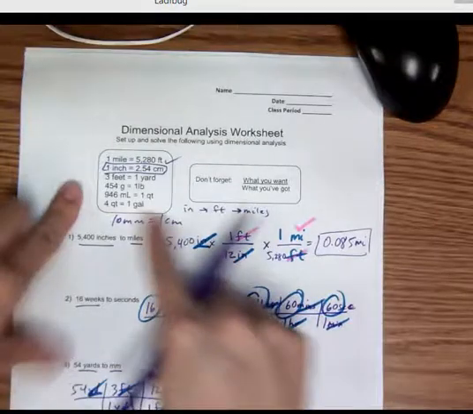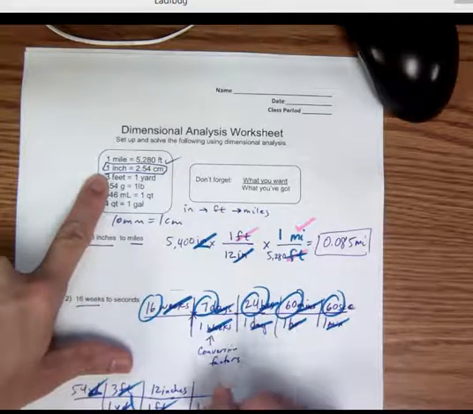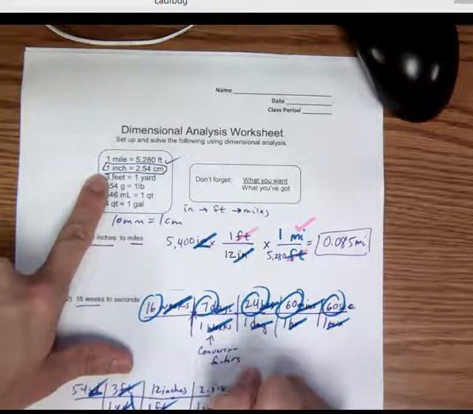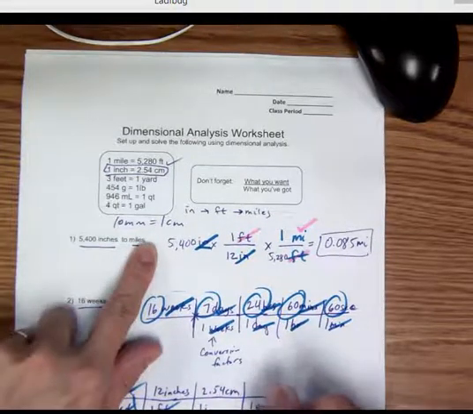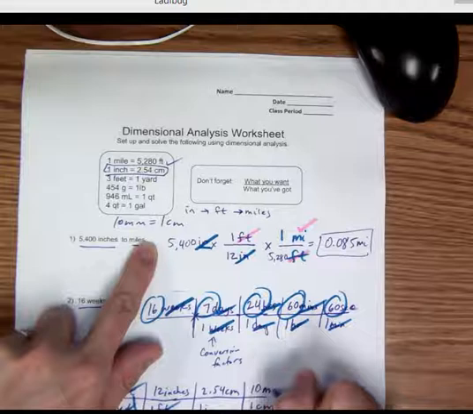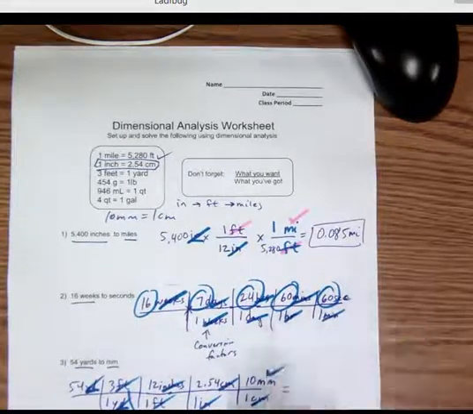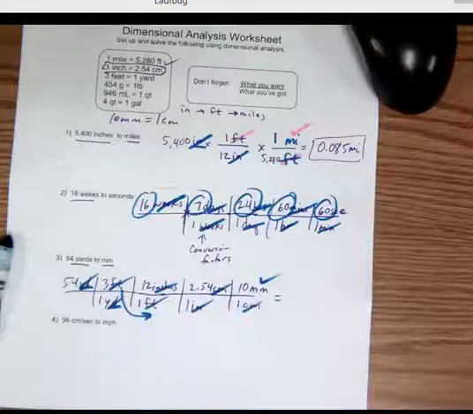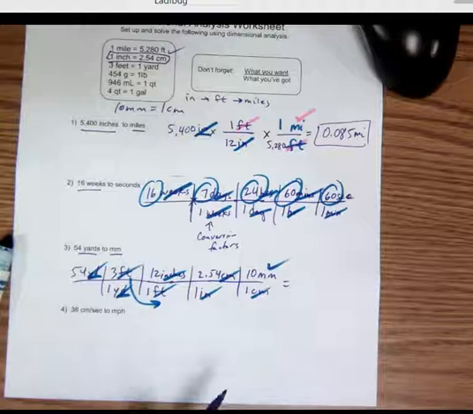We need to go to the meter side, so 1 inch is 2.54 centimeters. And it says 1 centimeter is equal to 10 millimeters. So all the units cancel out except the last one, and that's what you're looking for. Confusing? Maybe. But doable? Yes. It just takes practice. Look at it over and over again.